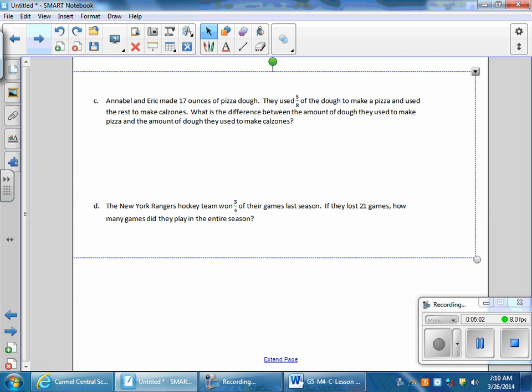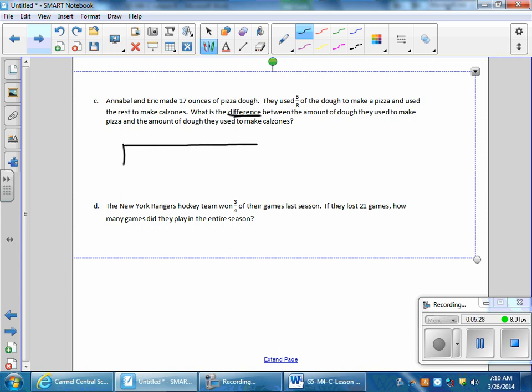Okay. C. Annabelle and Eric made 17 ounces of pizza dough. They used 5/8 of the dough to make a pizza and used the rest to make calzones. What is the difference between the amount of dough they used to make pizza and the amount of dough they used to make calzones? Labeling here is going to be super important.